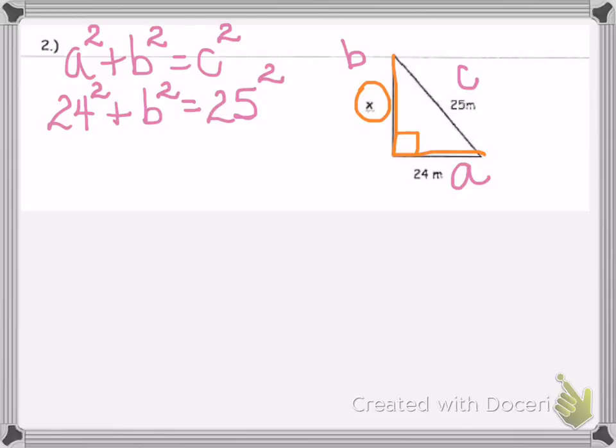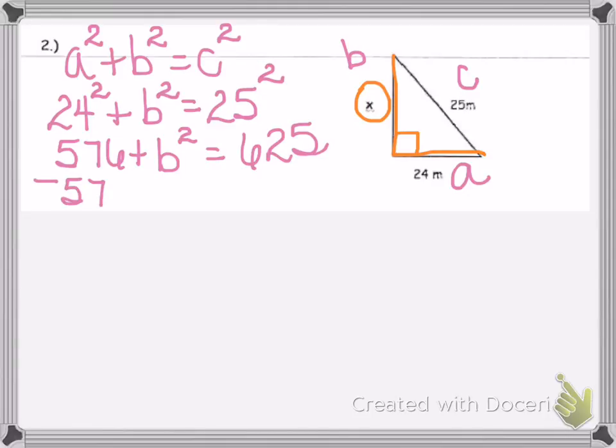Doing the math here, 24 squared gives me 576 plus the b squared, and 25 squared gives me 625. Now to solve this, I need to get b squared alone on the left side of the equal sign. So in order to do that, I'm going to subtract the 576 from both sides.